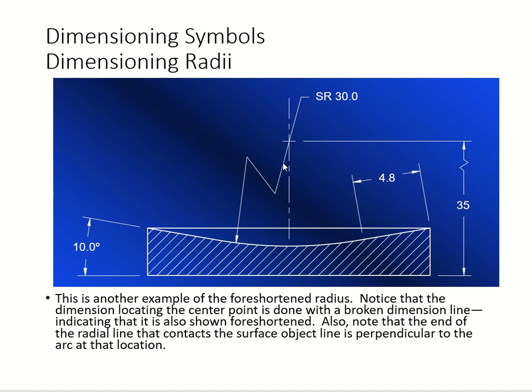We are showing you with a broken dimension line the center point of this arc. From here to here is your radius. And this is also using a foreshortened dimensioning line right here.